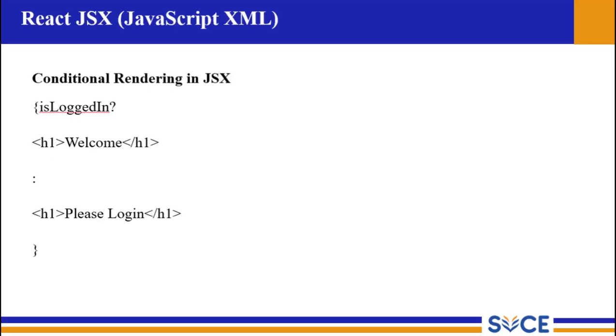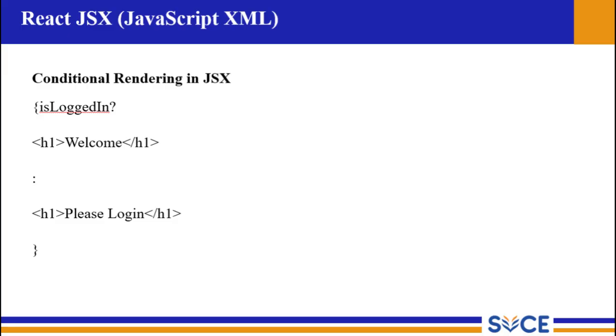One of the biggest advantages of JSX is conditional rendering. Conditional rendering means displaying different content based on certain conditions. Suppose a user has already logged into a website. In that case, React displays a welcome message.